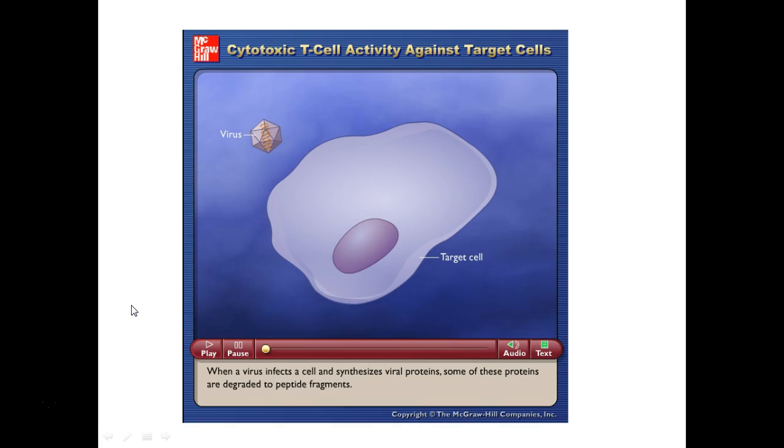So now we're going to look at virus protection. Do you remember what cytokine class was important for alerting neighboring cells when a cell was infected with a virus? Interferons, right?